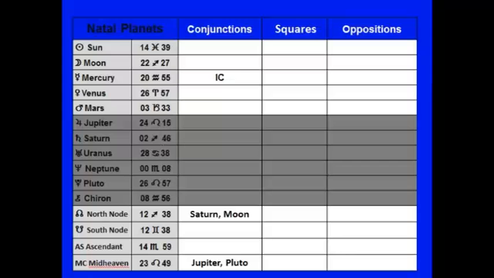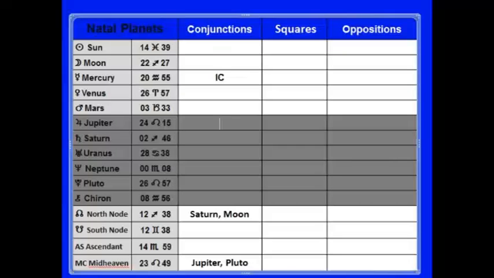Now, in this dark gray section, these are the outer planets. And so we're going to primarily write planetary conjunctions just one time. We don't want to write them twice. So we wouldn't put Jupiter and Pluto in here twice, but actually Pluto is conjunct Jupiter. So we can write that in up here, but we wouldn't write it again where Pluto is.